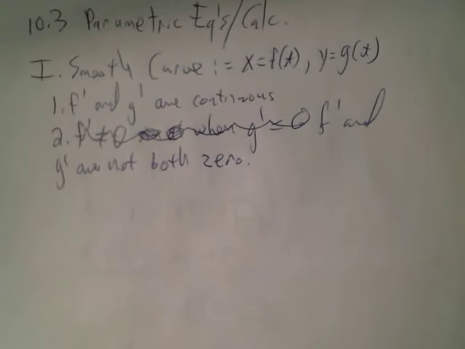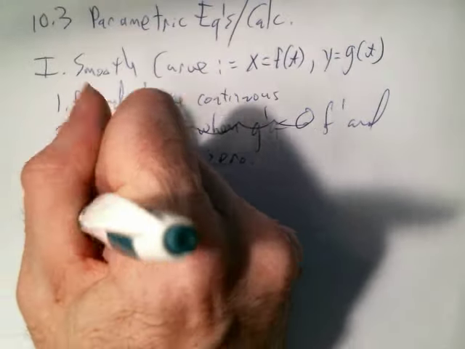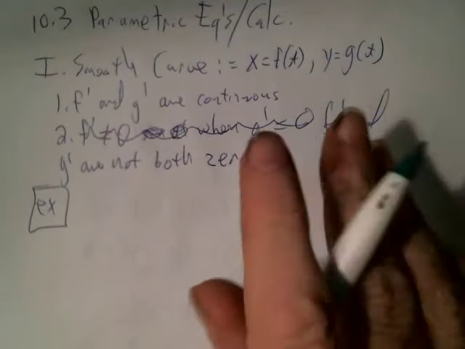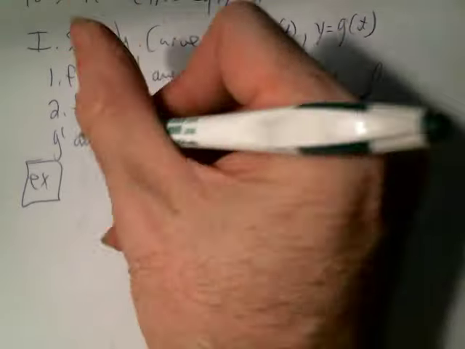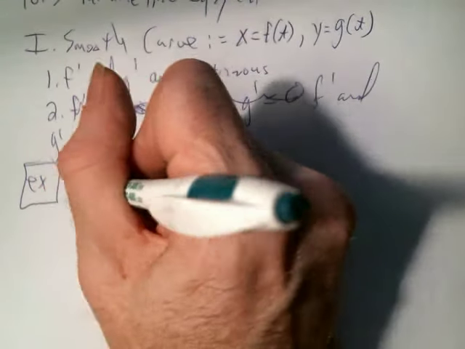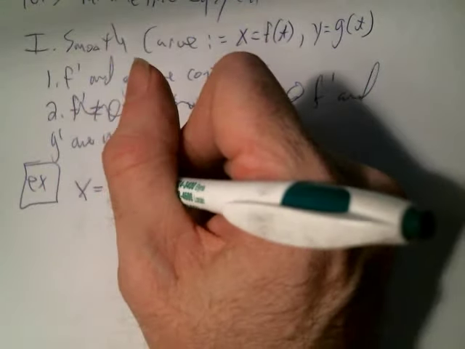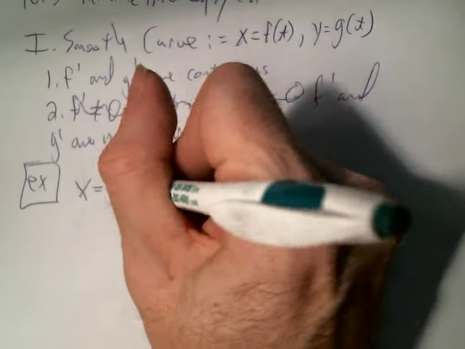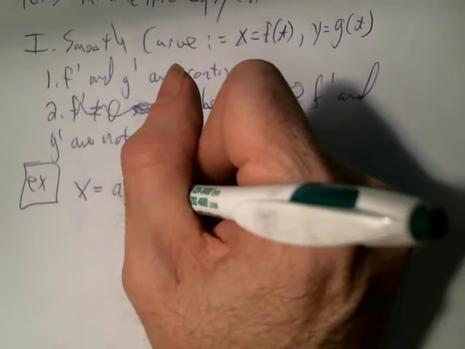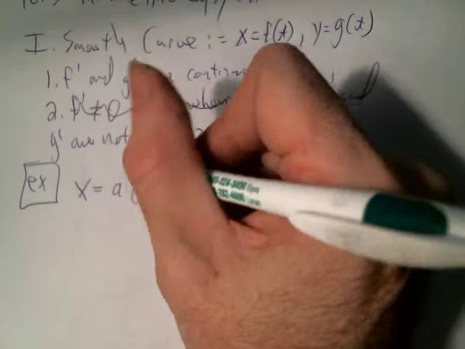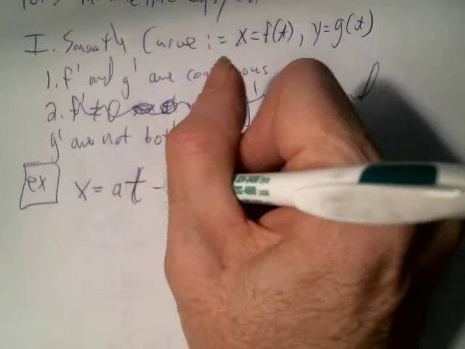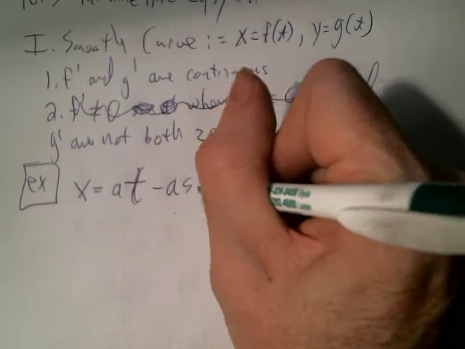Okay, so the example then, again, we'll carry on with the cycloid because we kind of know where it's not going to be smooth. And I'll put the formulas in terms of t. So the x formula, which is our f of t, is going to be a times t minus a times sine t.